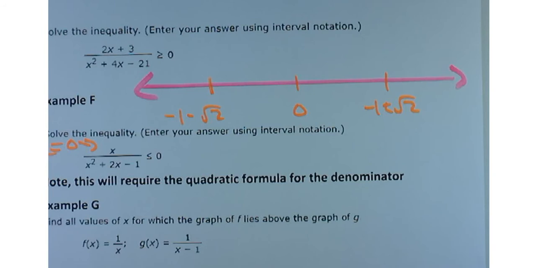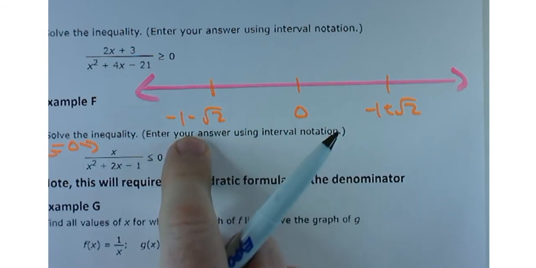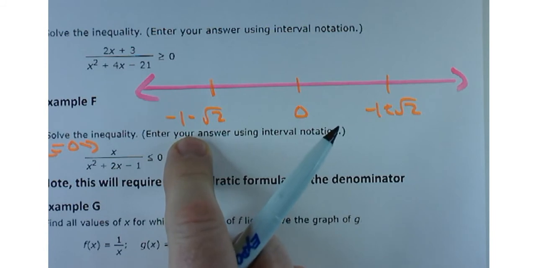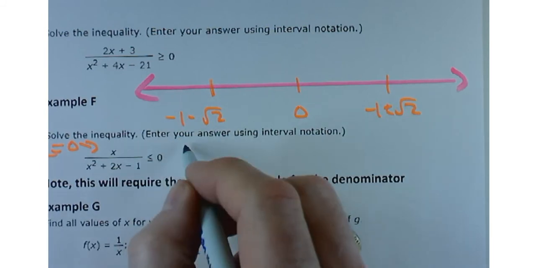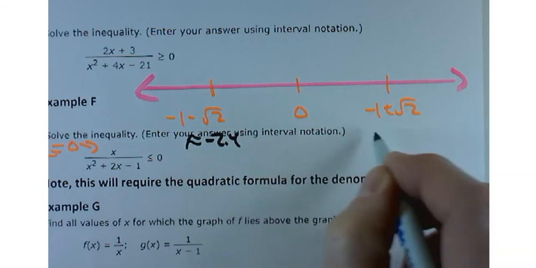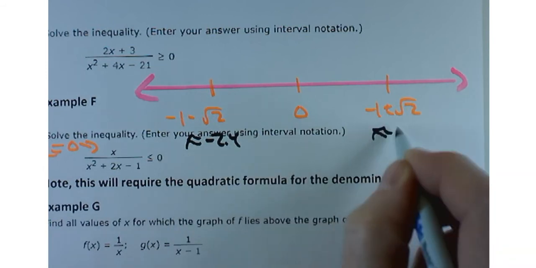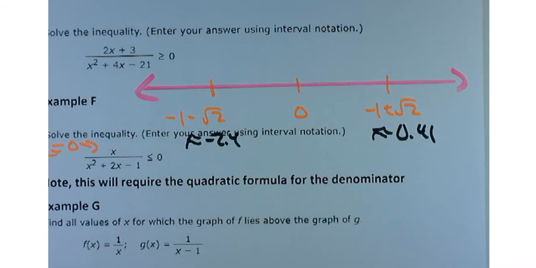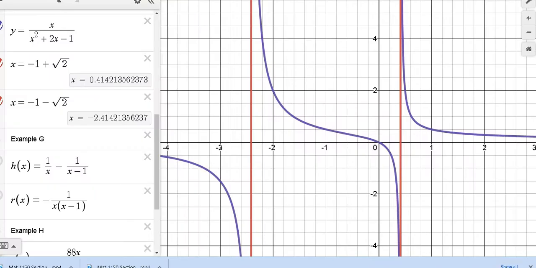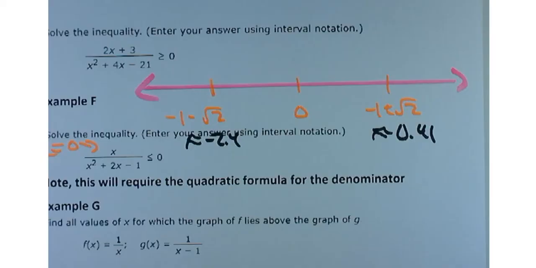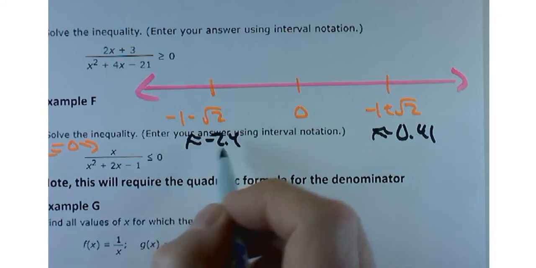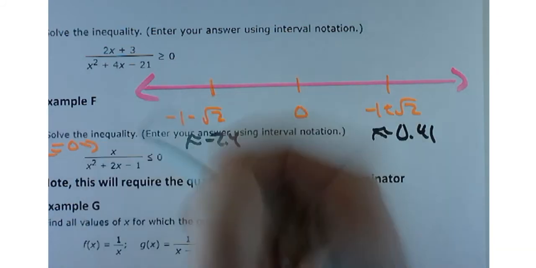All right, so I need some test points in each of these. Now, like I said, it's helpful to know that this is approximately negative 2.41, and this is approximately 0.41, I believe. Let's just double check back here. The reason I want to know that is because I need test points in each of these intervals. So that helps me choose a test point to the left of this.